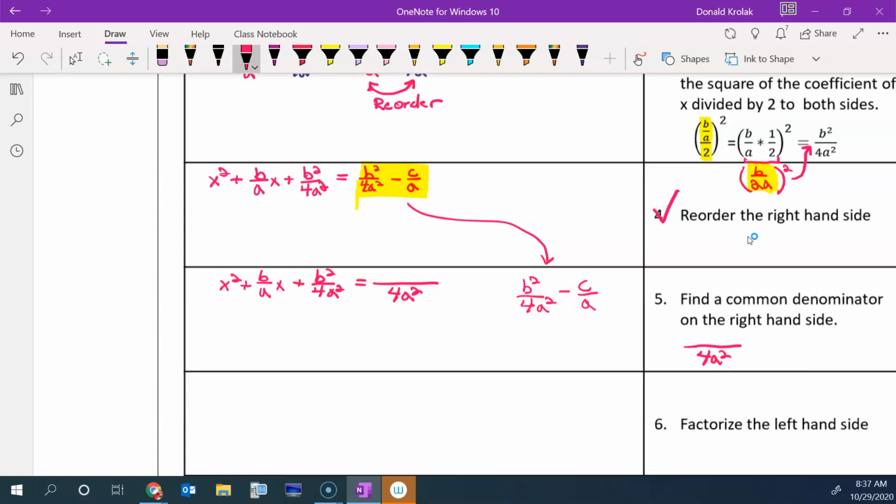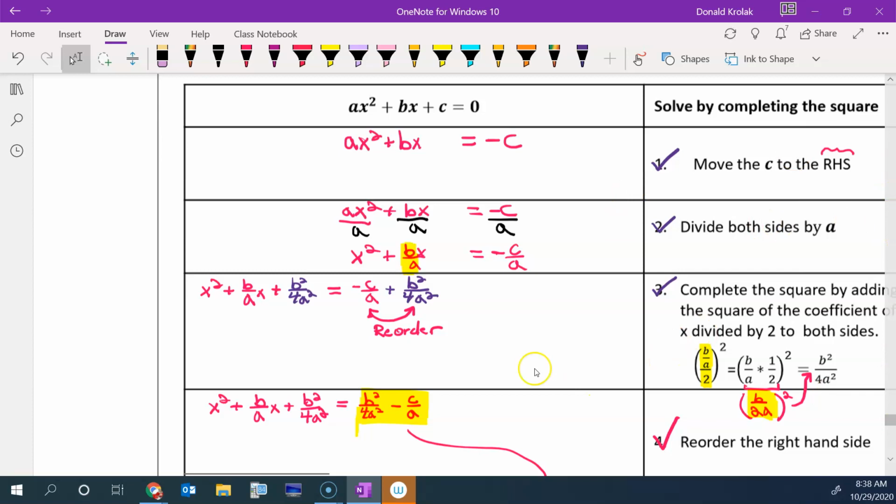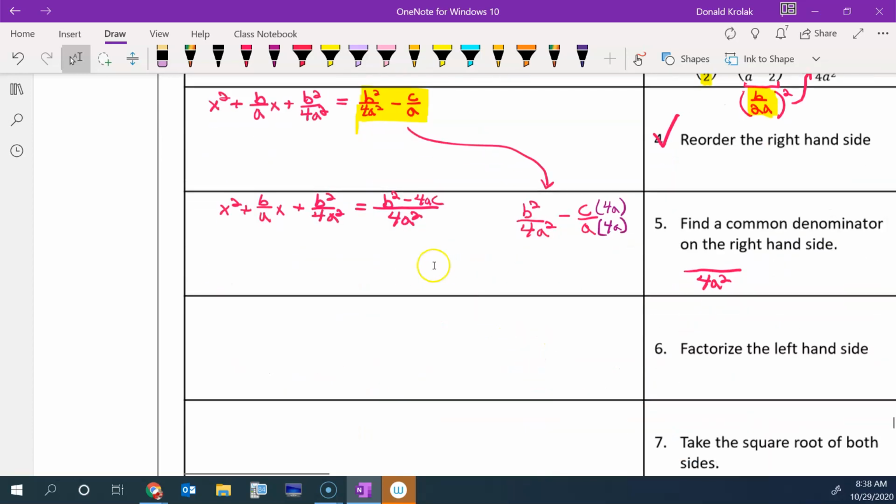It has the denominator that I want, so that b squared is just going to stay b squared. The other term, what do I have to multiply it by? That's going to be minus 4ac. Starting to look a little bit more like the quadratic formula. B squared minus 4ac is what's under the radical.